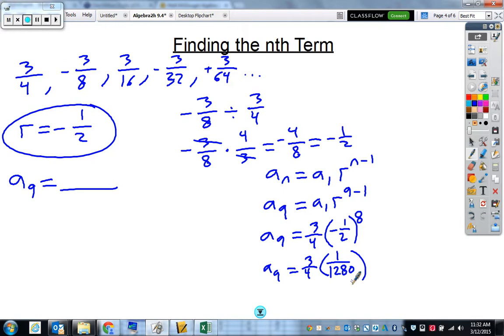Now we're going to multiply across. 3 times 1 is 3.